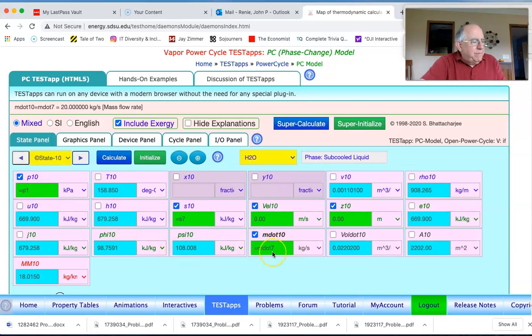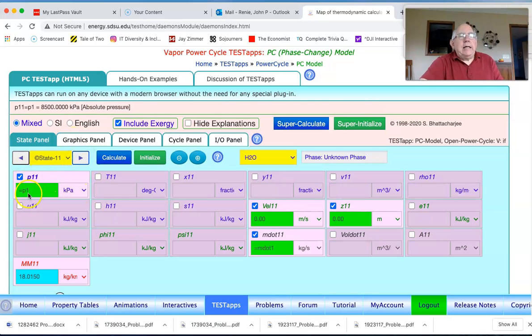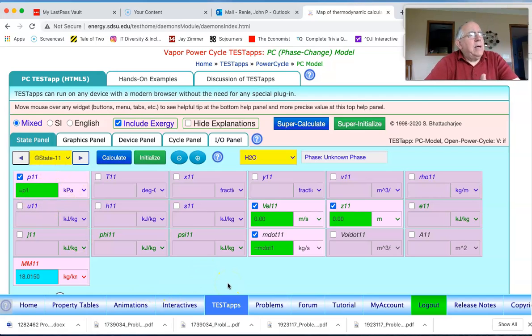The m dot 7 is the combined amount of that fluid, and that corresponds to the 20 kilograms per second. And again, that particular pump is isentropic. And so that gets us state 10. And then state 11 will be calculated once we put in a device panel associated with the mixing chamber.